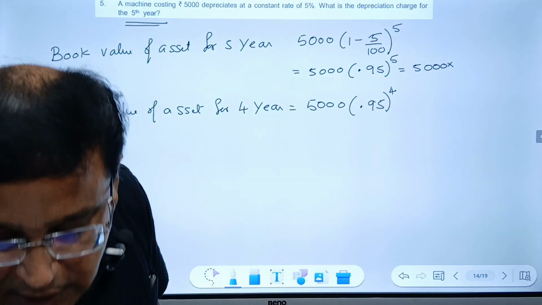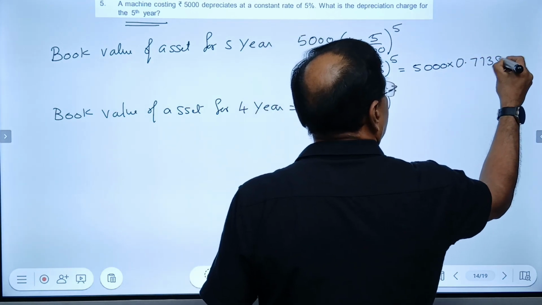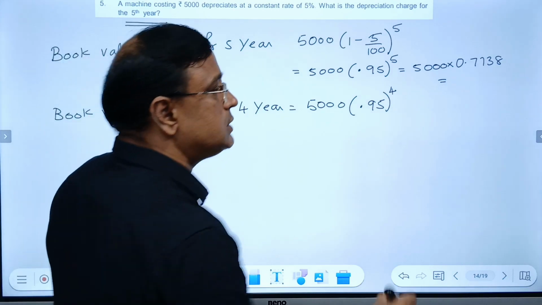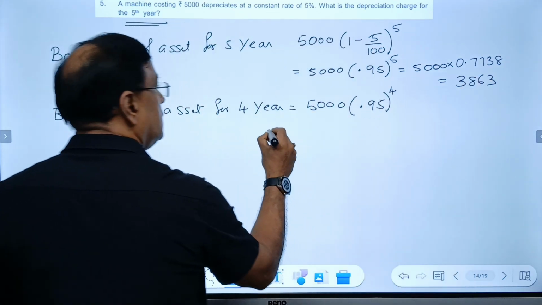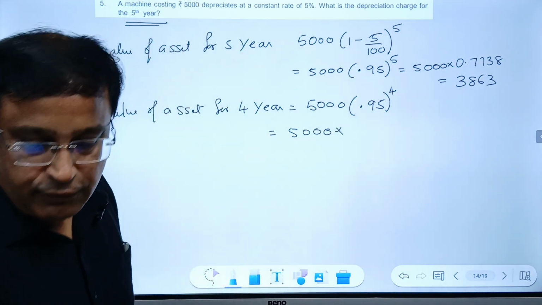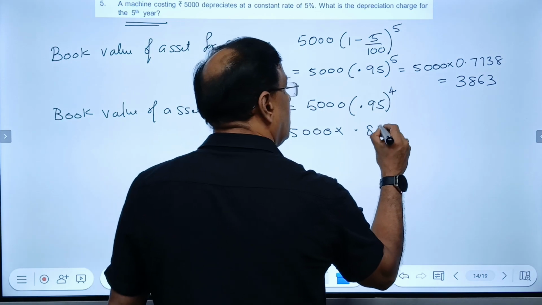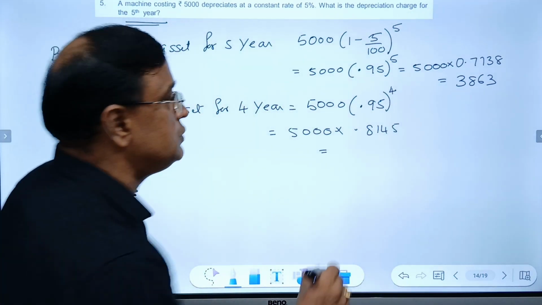It is 5000 into 0.7738, and the value turns out to be 3868. And for 4 years, 5000 into 0.8145, and the value happens to be 4072.